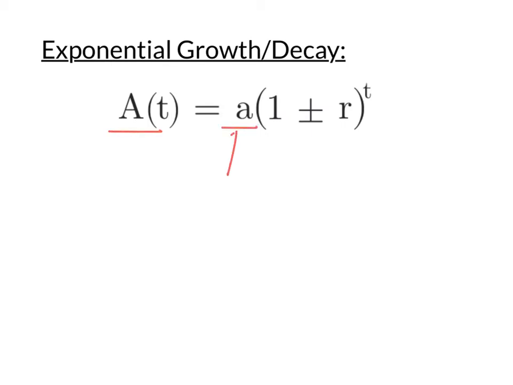The little a that's over here, that's the amount that we start with. We call that the initial amount. The function A of t is going to be the amount after a certain amount of time, so you can think of that as the ending amount.